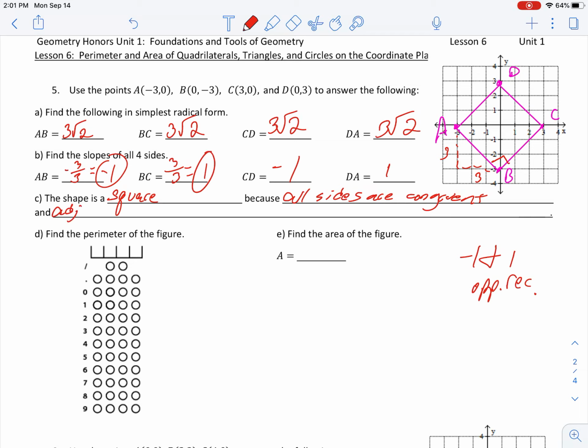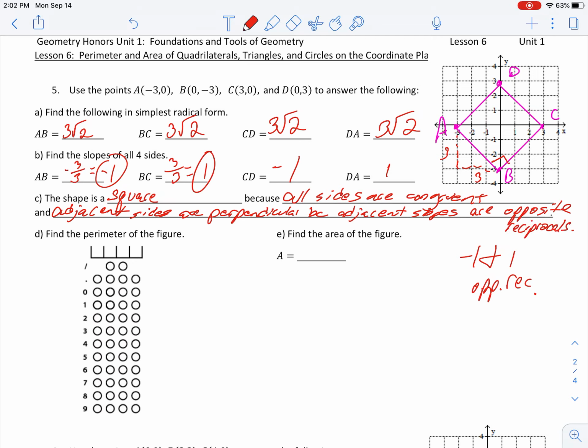So then finish off by saying, and adjacent sides are perpendicular because adjacent slopes are opposite reciprocals. That gives me a nice quick explanation of what you're talking about, okay?